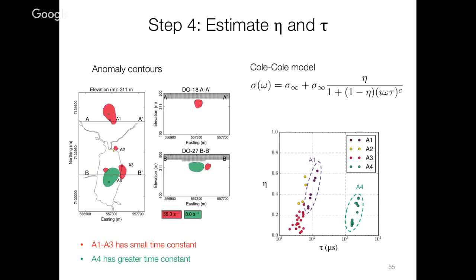So an earth rock is parameterized by the following constants. First of all, a conductivity at infinite frequency, so that means that there's no chargeability effect. The intrinsic chargeability eta, which goes from 0 to 1. A time constant tau, which is related to how quickly things decay, and a frequency dependency. So there's 4 parameters.